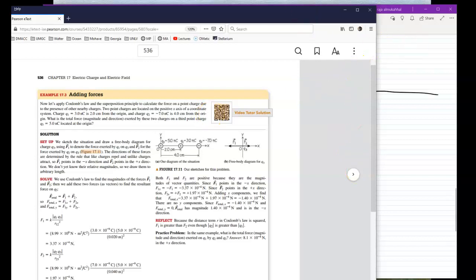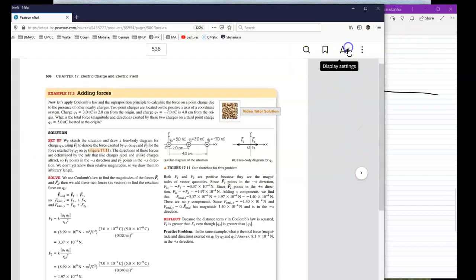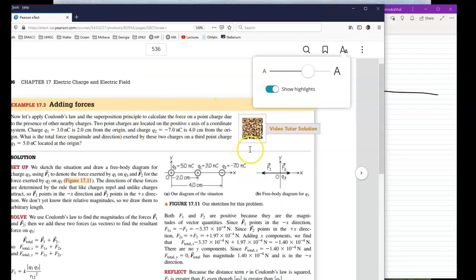Should I make it a little bit bigger? Maybe you're not seeing that. There we go. Is that better? Okay. So let's read it together. It says, now let's apply Coulomb's law and the superposition principle to calculate the force on a point charge due to the presence of the other nearby charges.